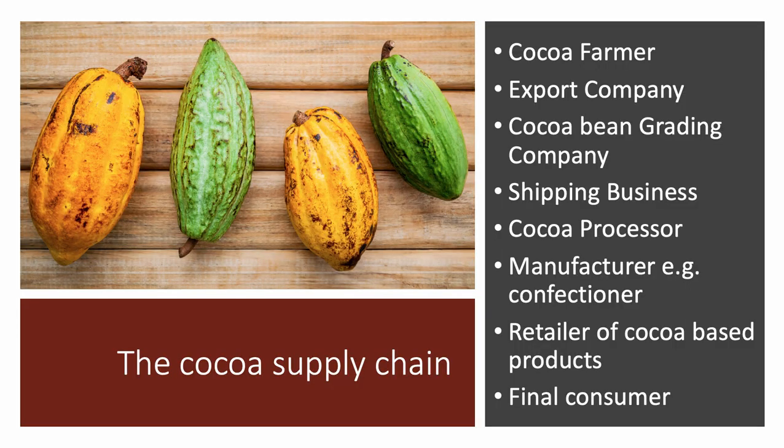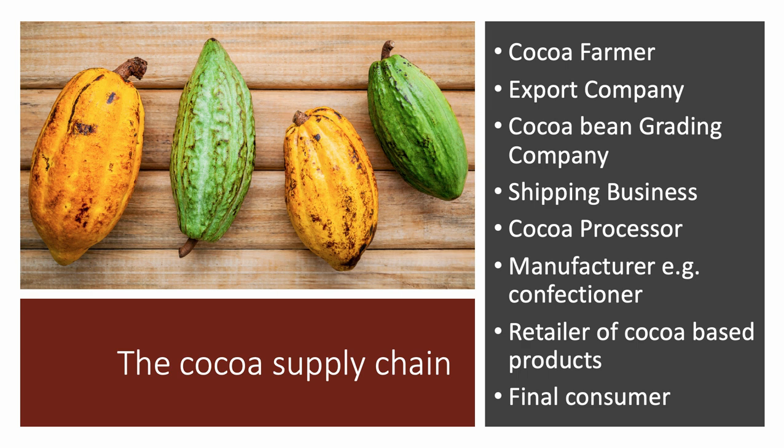It's crucial to understand, I think, the idea of the supply chain in an industry. So let's take a look at the cocoa supply chain. We go from the extractive stages, the cocoa farmers who plant and grow and then harvest the cocoa beans. These beans might be then sold to export companies.